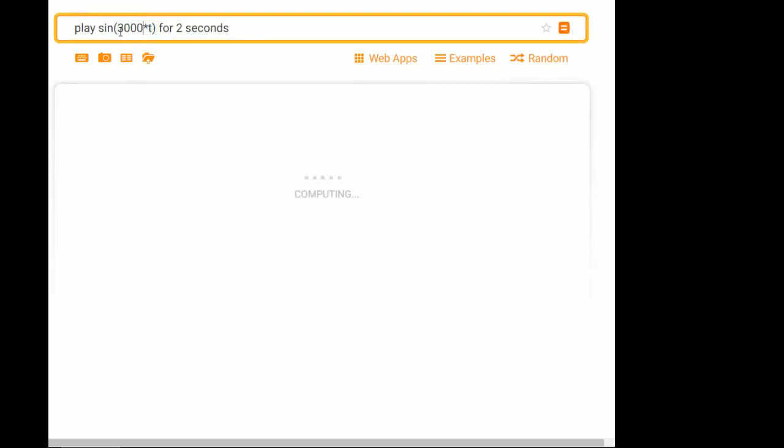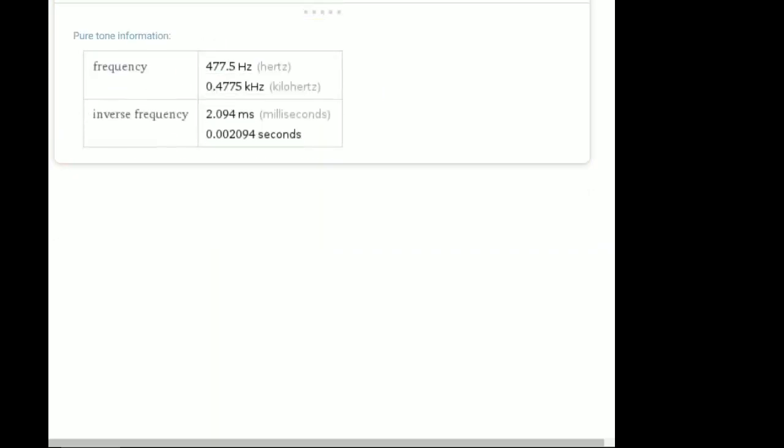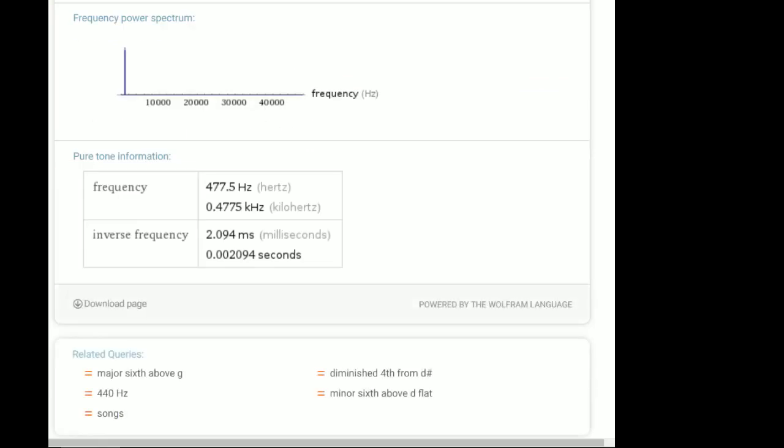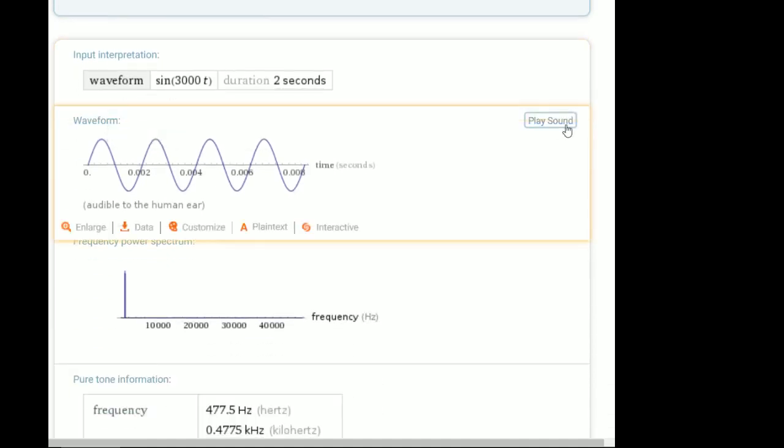So usually you call this omega. It's not the same as the frequency actually, but it's 2 pi times the frequency. Omega equals 2 pi times the frequency. So you have this wave, and when you listen to it, it's just a sound.